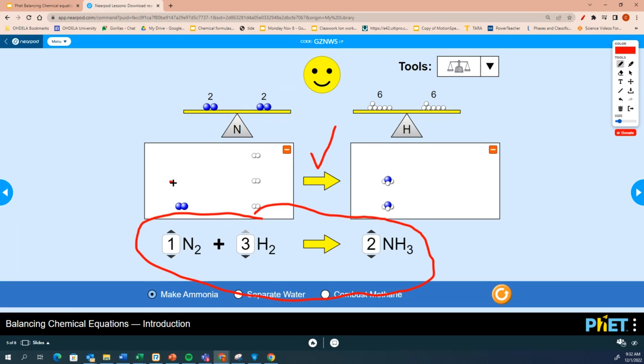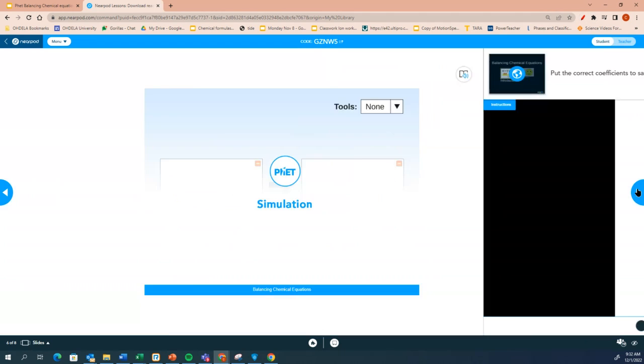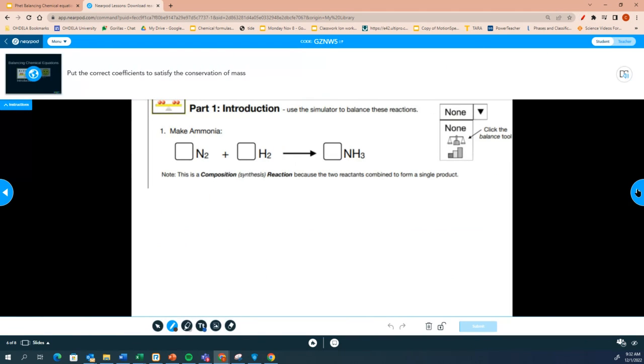But notice that I've got 2 nitrogens here, 2 nitrogens here. I've got 6 hydrogens here and 6 hydrogens here. They're kind of looking underneath each other. So that's what we're going to do today. Okay, so let's go to the next one here. We've already done this one.